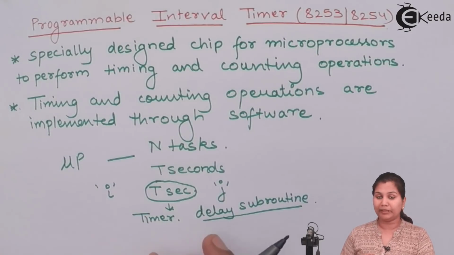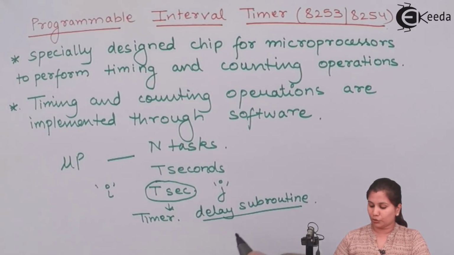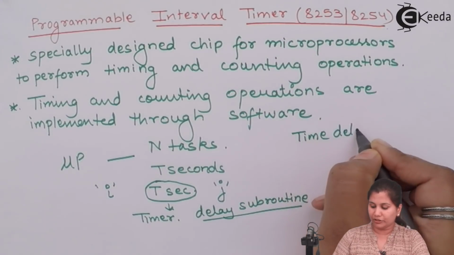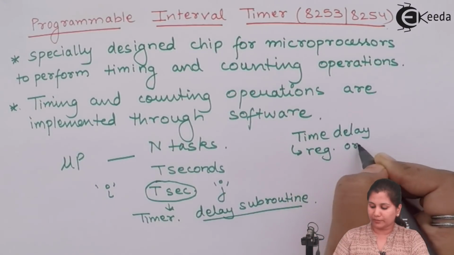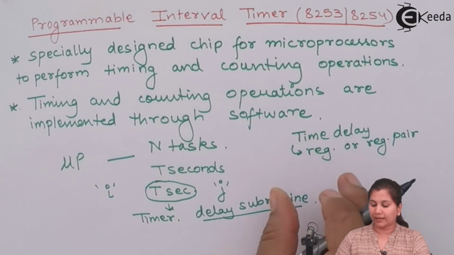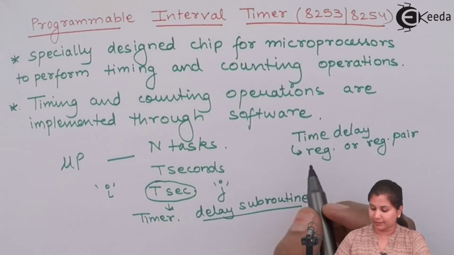Now to get the time delay of t seconds, we have to initialize a register or register pair by a count which is equivalent to the time delay of t seconds.